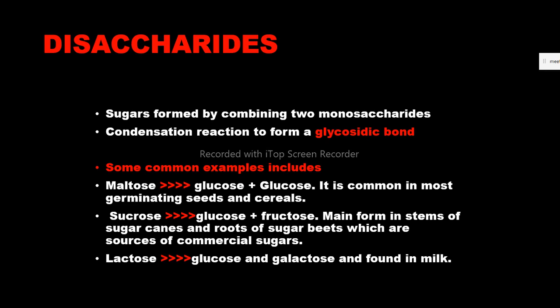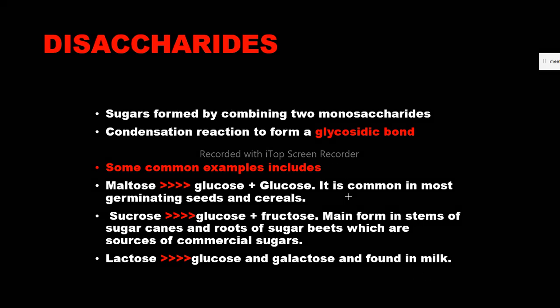So we introduced disaccharides, where we talked about something simple, the formation, how they are formed from monosaccharides by condensation reaction, and the two are joined together by a 1,4 glycosidic bond, and I showed you why it's 1,4.